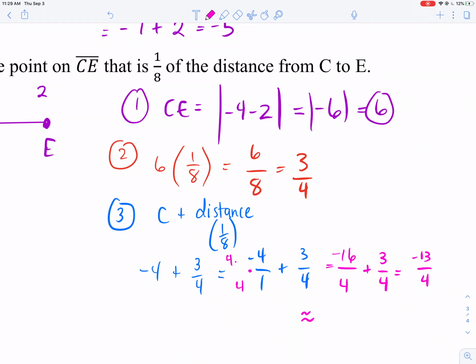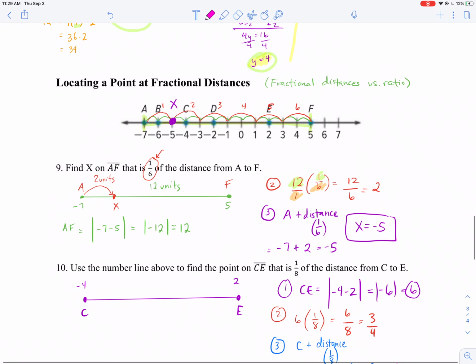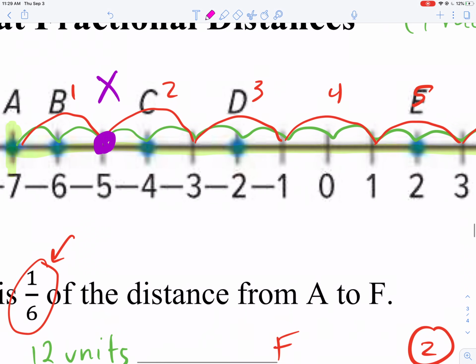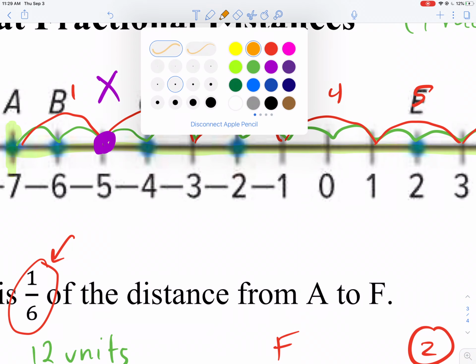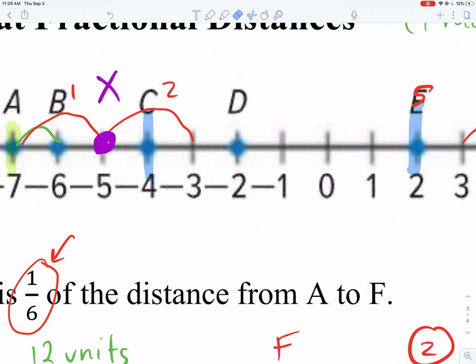If you would like to just give a rough estimate, put it in your calculator, you get -3.25. So going up here, if we wanted to look at our graph, and if I were to plot this, let's use a different color. So let's say blue. So my CE is here. Let's get rid of some of this stuff in between so you can see it.